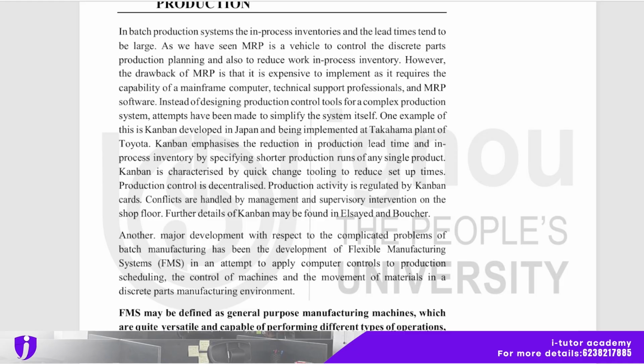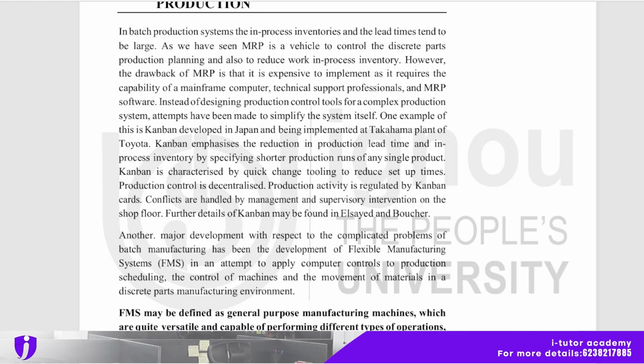Instead of designing production control tools for a complex production system, attempts have been made to simplify the system itself. One example of this is Kanban, developed in Japan and implemented at the Takahama plant of Toyota.